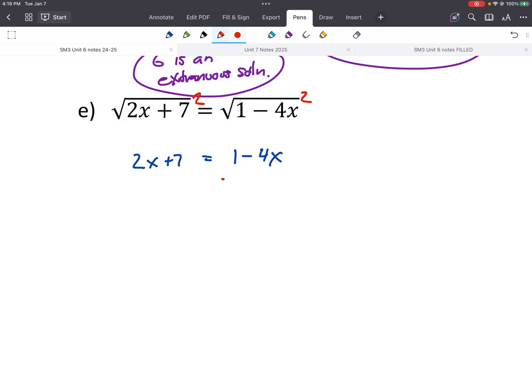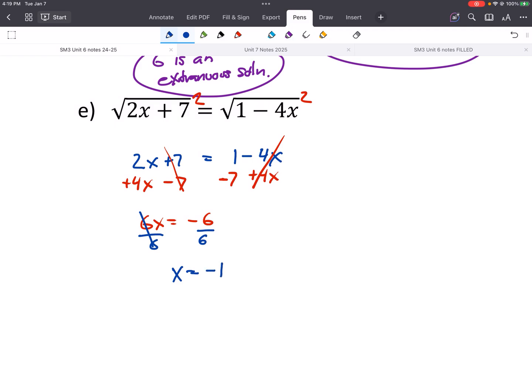So we'd maybe want to add 4x and maybe subtract 7. And we'd end up getting 6x equals negative 6. And then we'd divide both sides by 6. So our possible solution would be negative 1.